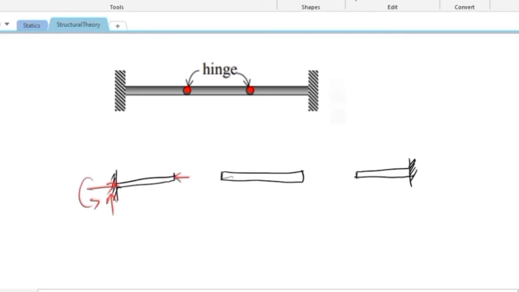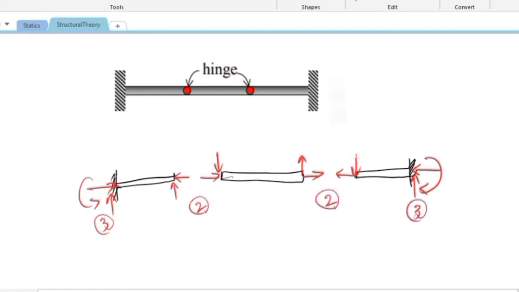This is a hinge, and we have two here. Kukontrahin lang natin yung direction na inassume natin. And another two here. So, kukontrahin ulit natin yung directions na inassume natin. So, this is a fixed support. Meron tayong tatlong reaction. So, we have here 3, 2 here, 2 here, and 3 here.